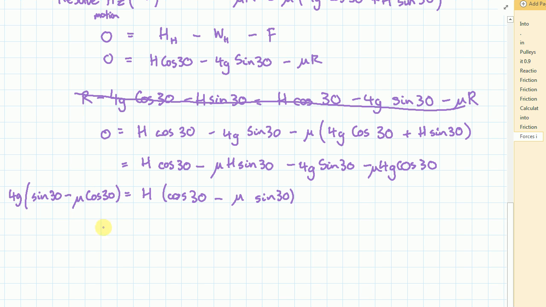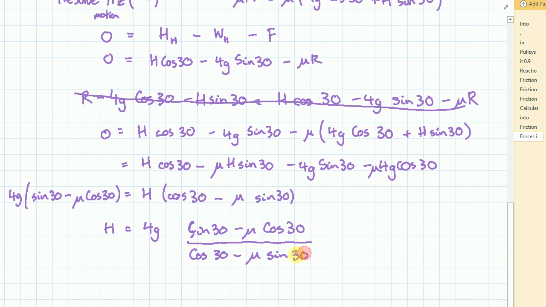So H equals 4g times (sine of 30 plus mu cos of 30) all divided by (cos of 30 minus mu sine of 30). If you plug your numbers in and solve for it, we should get H to be 41.6 newtons.